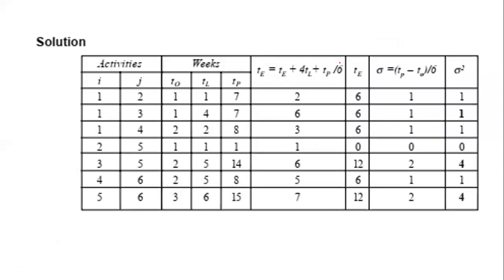This is the calculation of TE. The formula is there, TO plus 4 TM plus TP divided by 6. The TE values are there. The sigma, TP minus TO divided by 6 bracket square, those values are there.